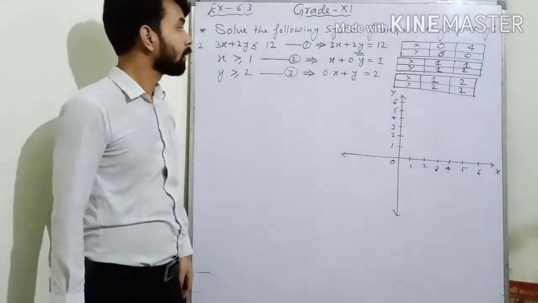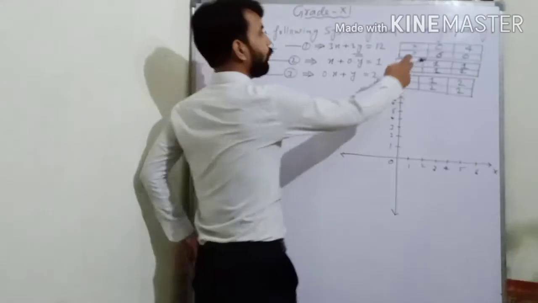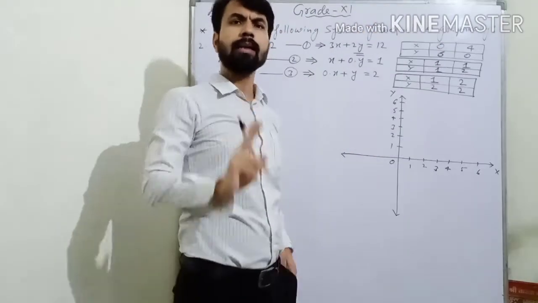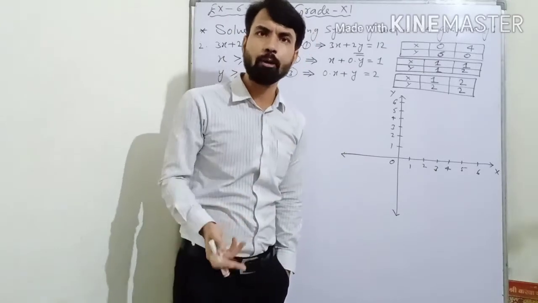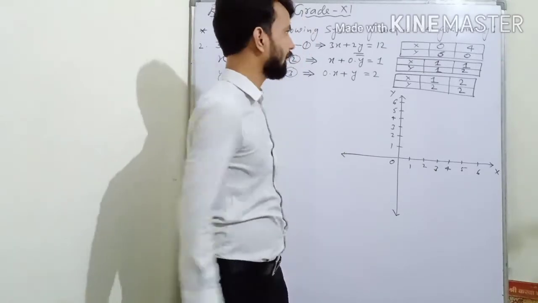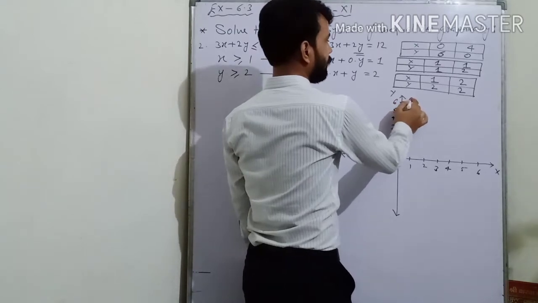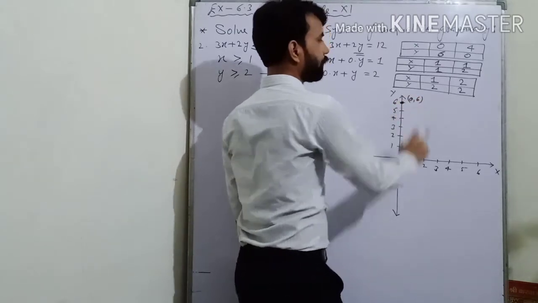Clear? Okay. The very first point is x 0, y 6. That means this point will lie on the y-axis. So this is the point (0, 6).